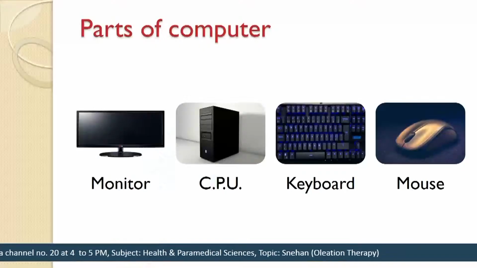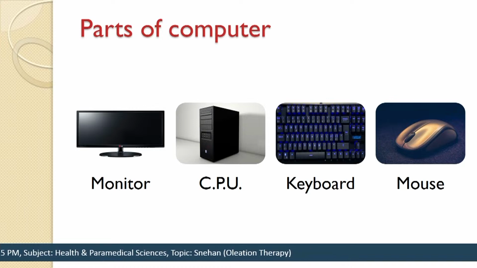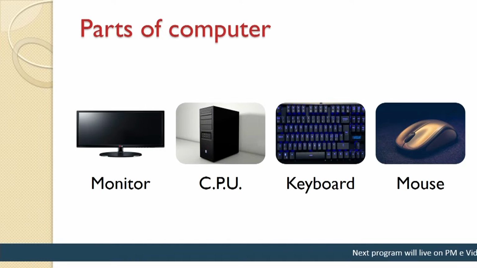So let's understand what the parts of a computer are. Generally, a simple computer has 4 parts. First one is the monitor, second one is the CPU or central processing unit, third is the keyboard, and fourth is the mouse. Actually, the keyboard and mouse are called input devices, while the monitor is called an output device. So let's understand what a computer monitor is.